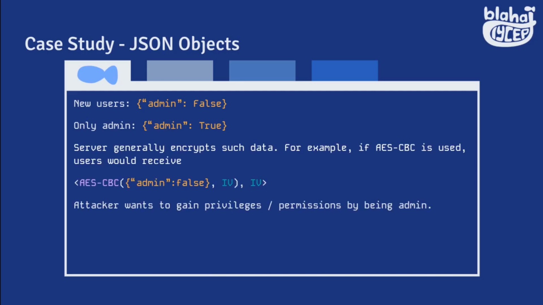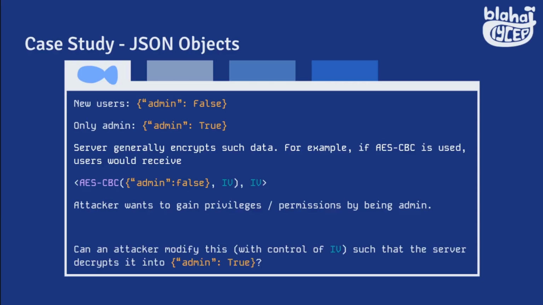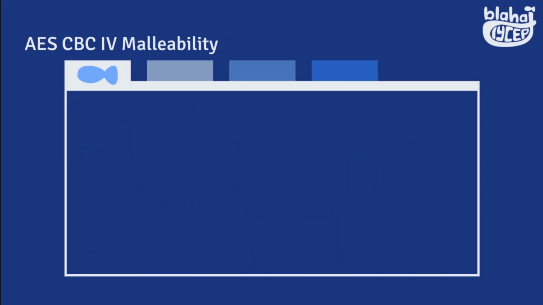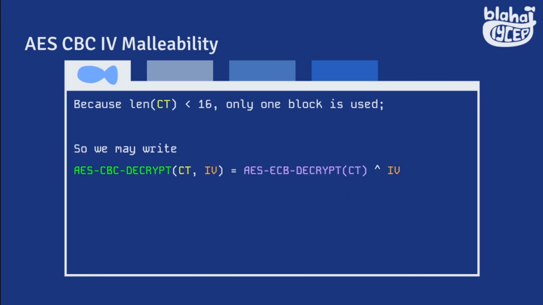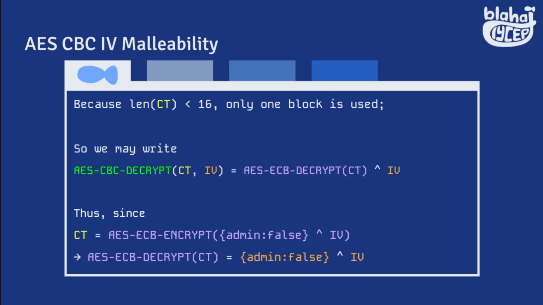This on the surface seems quite secure, but it is not because of AES CBC IV malleability. As an attacker, you of course want to privilege escalate. Next slide. The attacker can use this attack in order to gain unauthorized privileges.